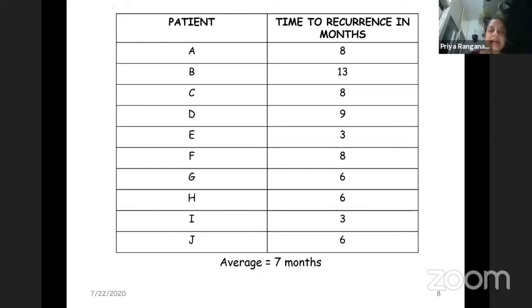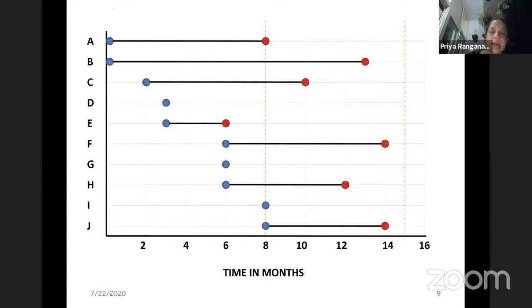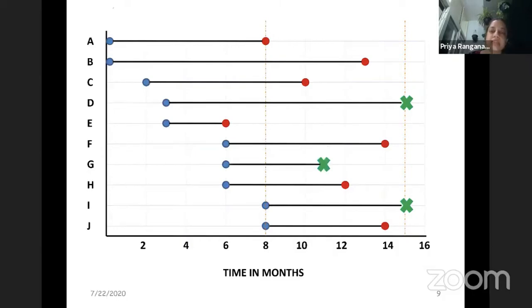This hypothetical example is not going to work because in reality, what is going to happen is out of all the patients on your study, some are going to reach the end of the study without experiencing a recurrence. Similarly, some others will get followed up for a brief period of time and will then be lost to follow-up.